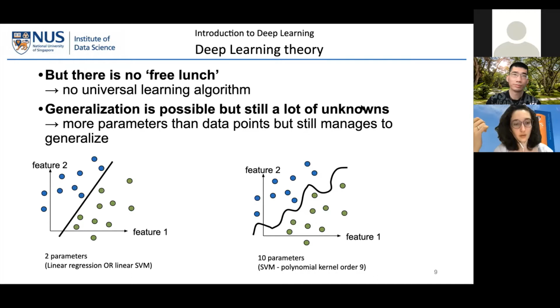Then about generalization. One thing that is very special about deep learning models is that they are able to generalize very, very well, even though there are many parameters involved, right?